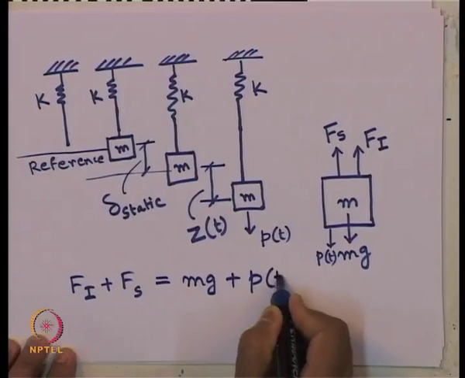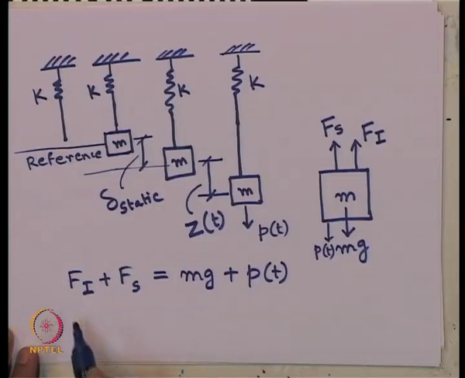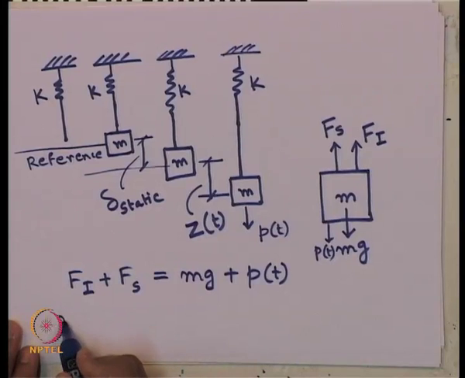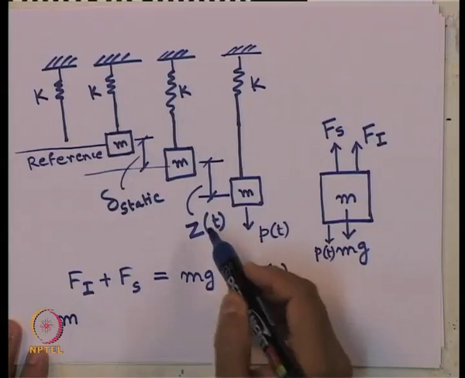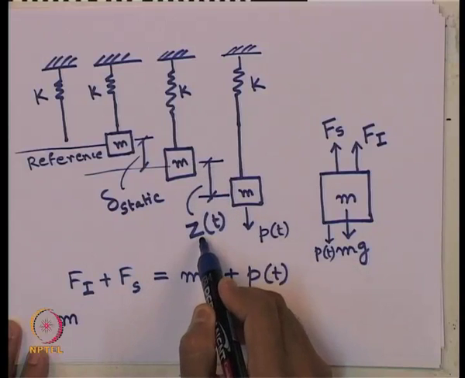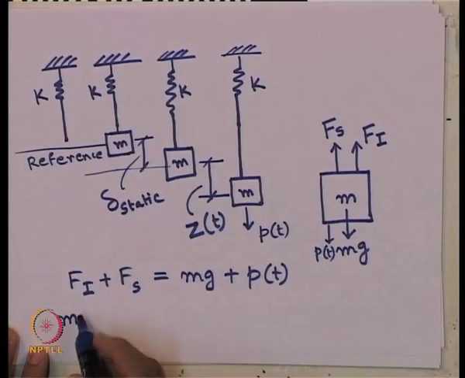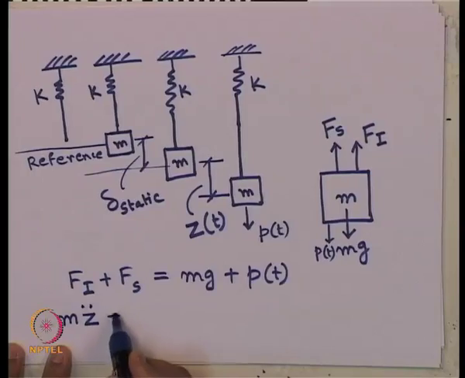Now, how much is our F I? F I is nothing but mass times the acceleration. This is the dynamic displacement, so only this portion of the displacement we can differentiate twice with respect to time. So, z double dot, by considering a linear model we can write F I is m z double dot, plus F s.